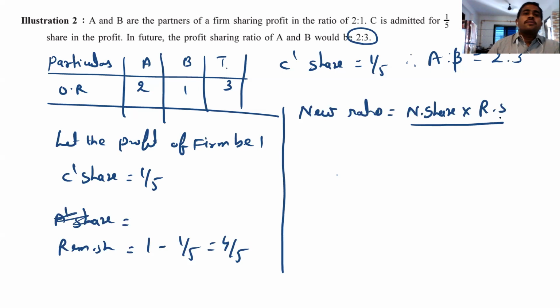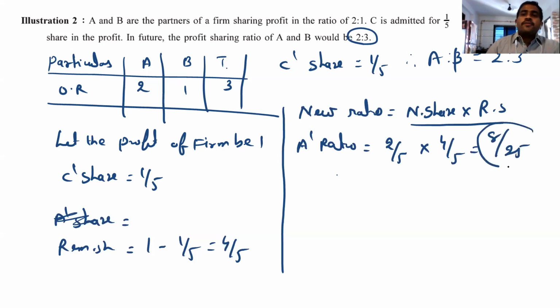So A's ratio is equal to, what is the new share of A? 2 is to 3, that is 2 by 5, into the remaining 4 by 5. That comes to 8 by 25.